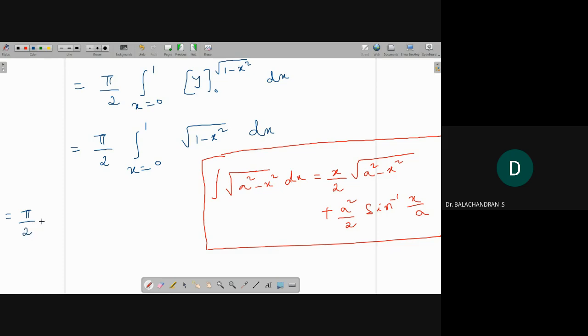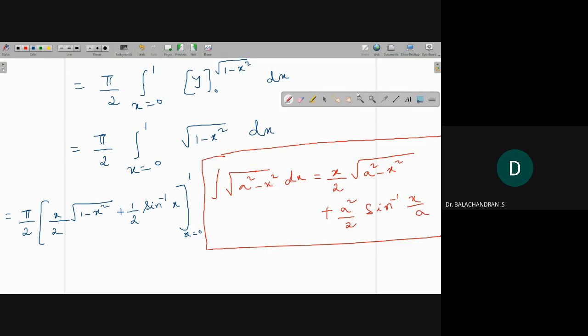Pi by 2, x by 2 into root of 1 minus x square plus a square, which is 1 by 2, sine inverse of x, limit x is equal to 0 to 1. So this is equal to pi by 2.